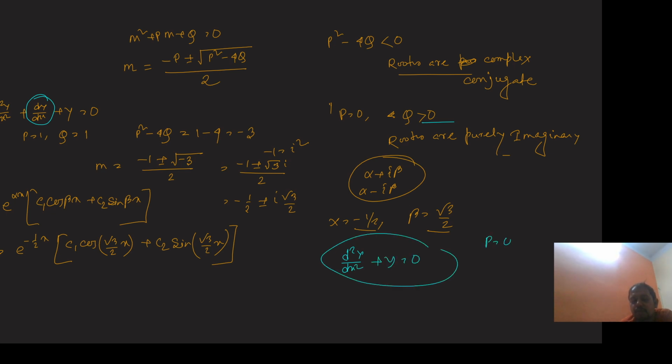See here, p is equal to 0, q is equal to 1, greater than 0. So p square minus 4q is 0 minus 4 into 1, this is minus 4.